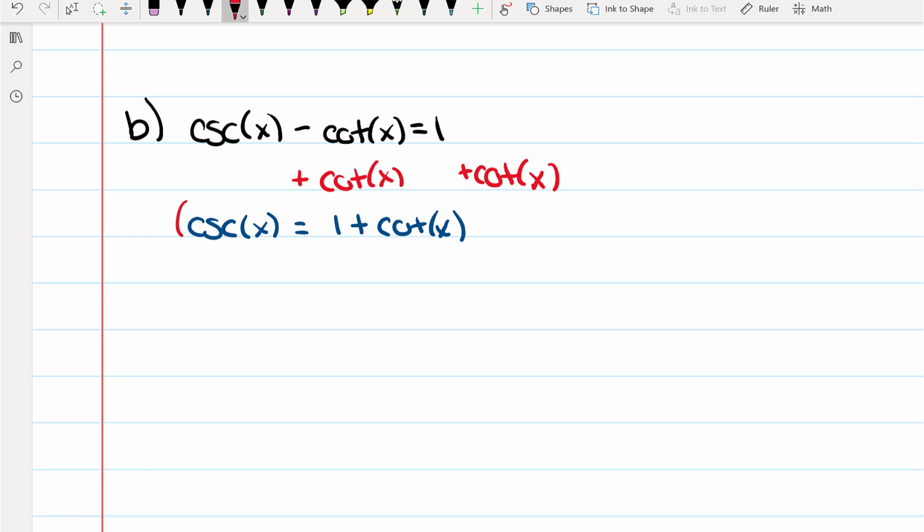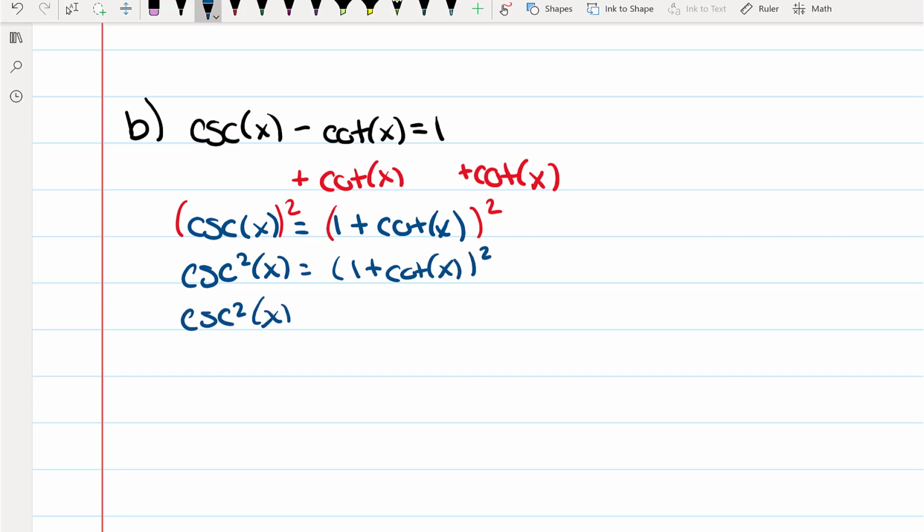Now the next step is to square both sides. So you get cosecant squared of x is equal to 1 plus cotangent of x, squared. So cosecant squared is equal to 1 plus 2 cotangent of x plus cotangent squared of x.